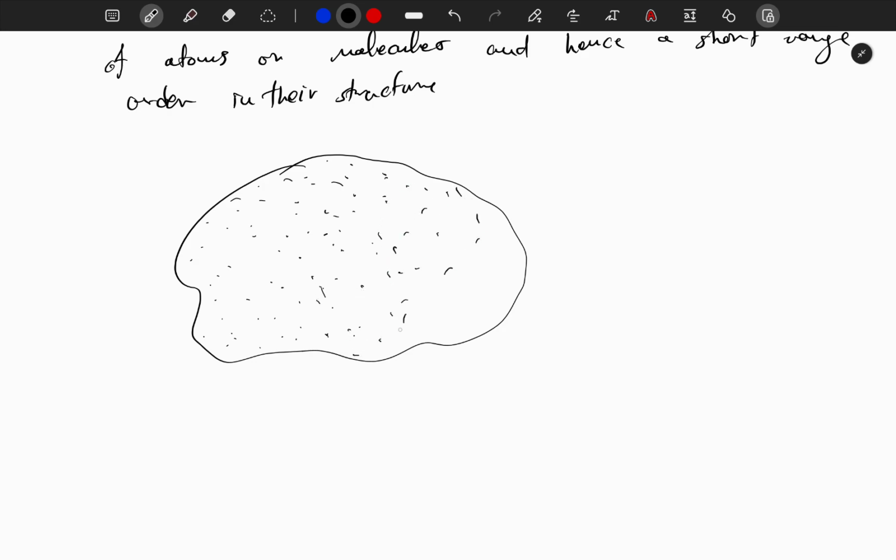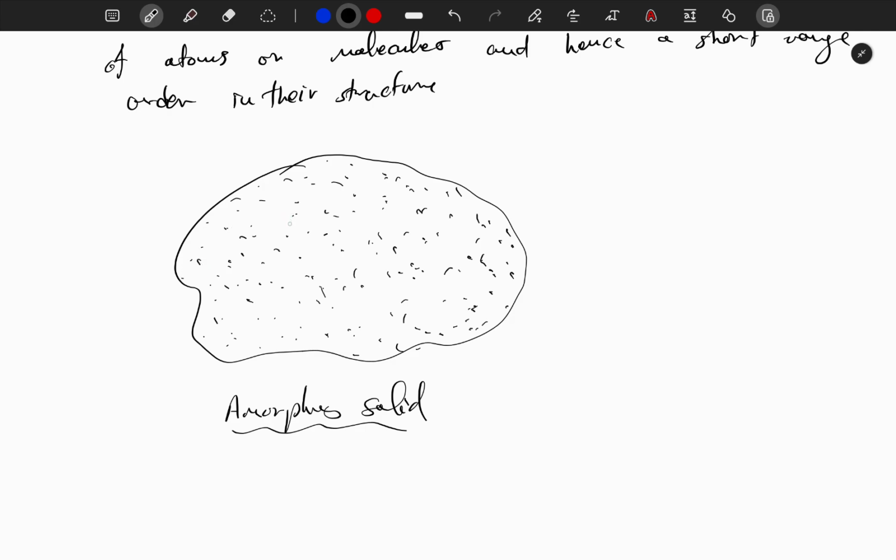Each dot is representing an atom or a molecule of the amorphous solid. You can see from here there is no regular arrangement; atoms are randomly distributed across the solid.